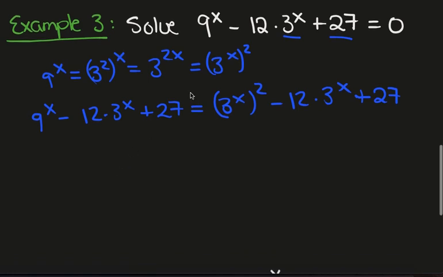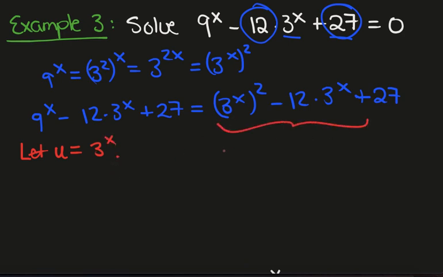Now, the reason why I know not to change this 12 or this 27 is because I see the following. I say, let u equal 3 to the x. Then what does this become? This becomes u squared minus 12u plus 27 equals 0. And this I know how to solve because this is a quadratic equation.